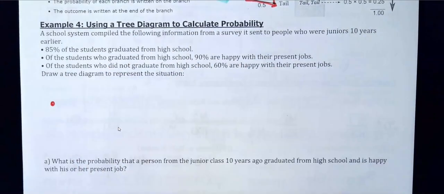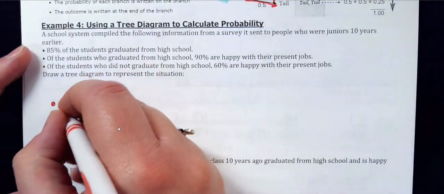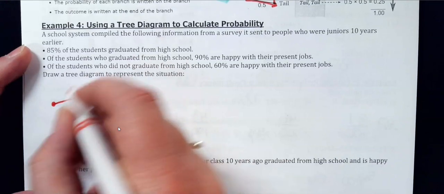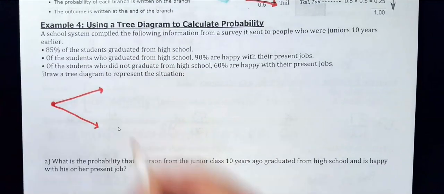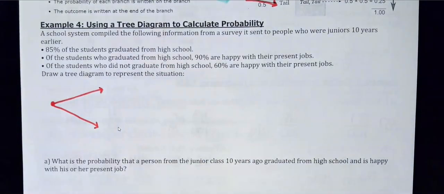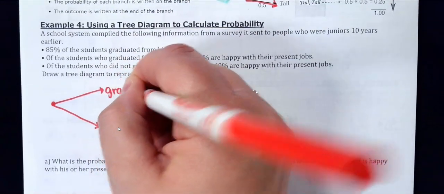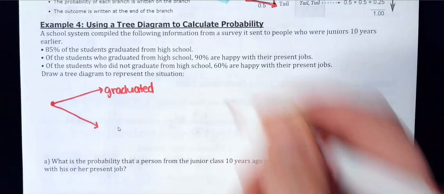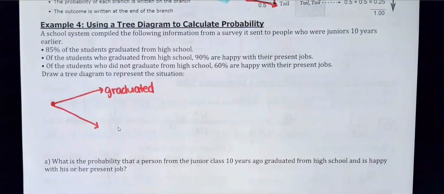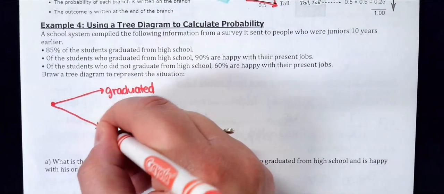It says 85% of the people ended up graduating. So I'm just going to make two little branches, right? One outcome would be that I graduated. What would the other outcome be? Yeah, like you dropped out, or for whatever reason you didn't graduate.